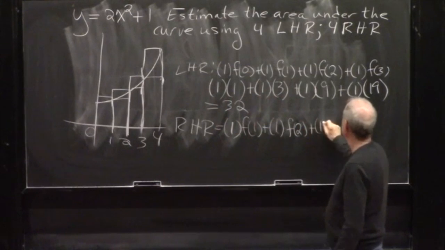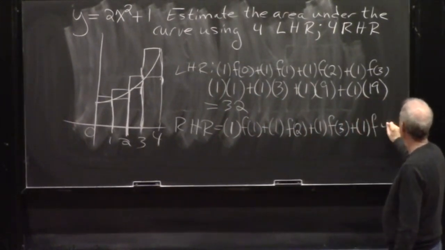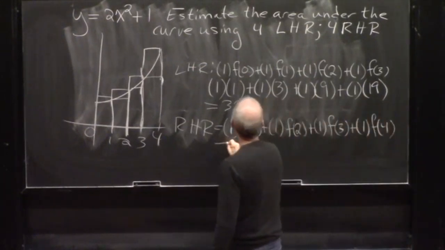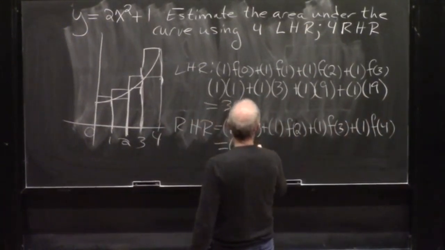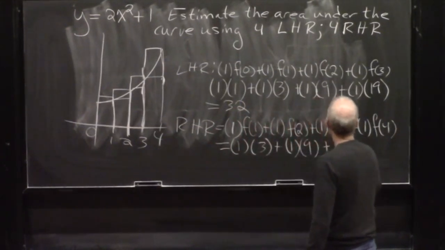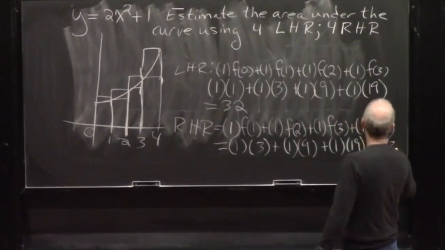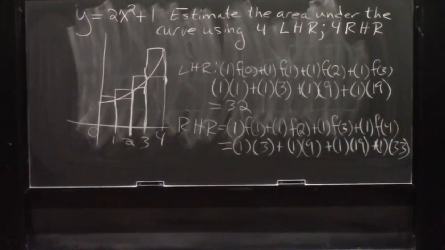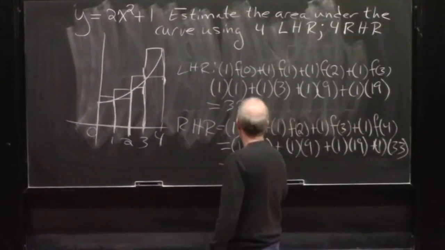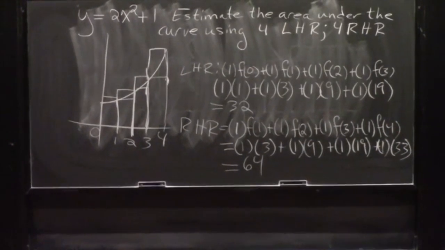And then 3. And then 4. So this is 1 times 3 plus 1 times 9 plus 1 times 19 plus 1 times 33. And let's see, 12, 31, that's 64. So a good guess would be halfway between those, which is 48.